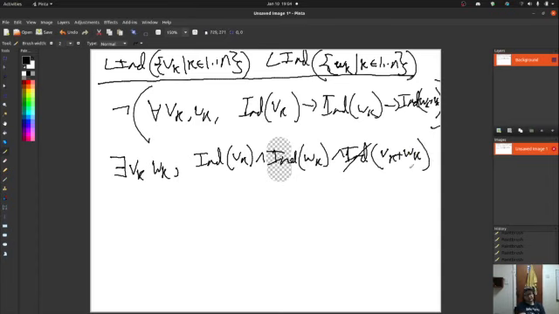Where vk plus wk is the shorthand for the list v1 plus w1, comma, v2 plus w2, etc., all the way up to vn plus wn. Obviously. So the goal is to provide this instance.